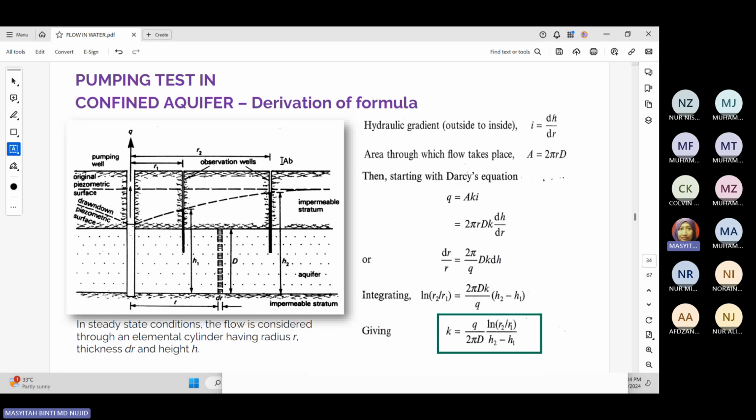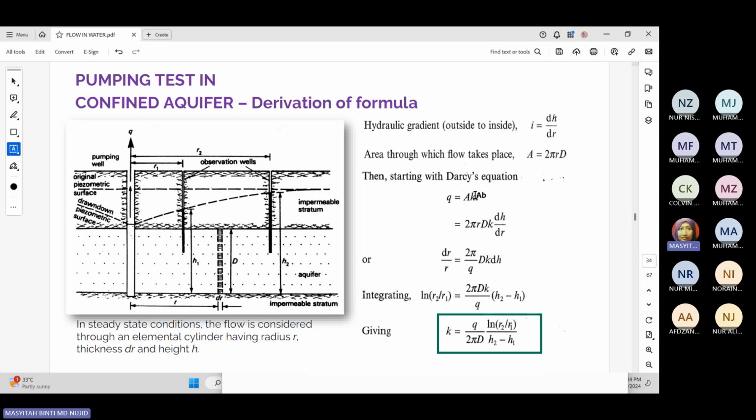Okay, the pumping test in confined aquifer. So actually what it try to show to you the derivations of the formula by adopting the Darcy law, kemudian something that relates to you from the beginning as well, the Bernoulli equations. Tapi yang closely nampak kat sini adalah Darcy law lah. So Darcy law guna formula yang sama, the flow rate sama dengan A, Ki.